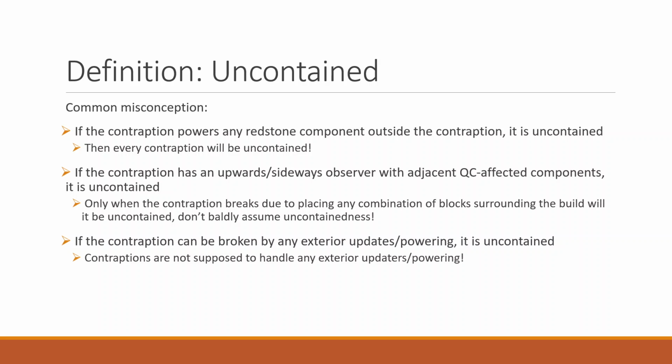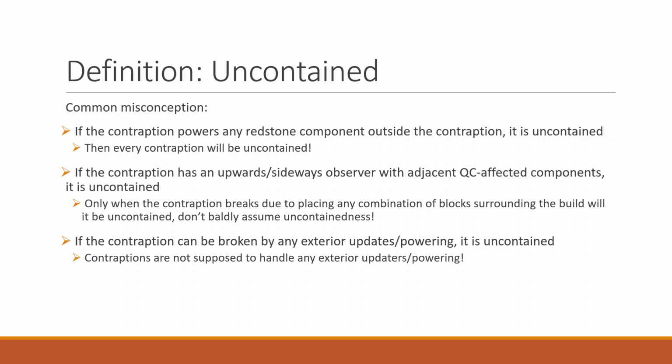Because although we are restricting our contraption to a certain volume, it is unavoidable that our circuits will always be affected by exterior components. Therefore, we usually would notify the users what to avoid when they build the contraption.